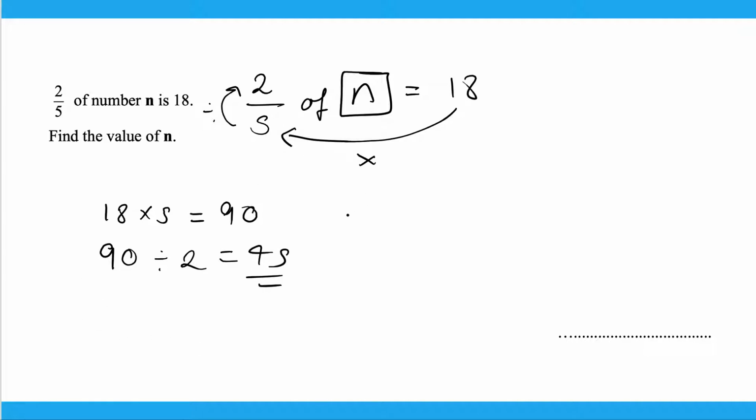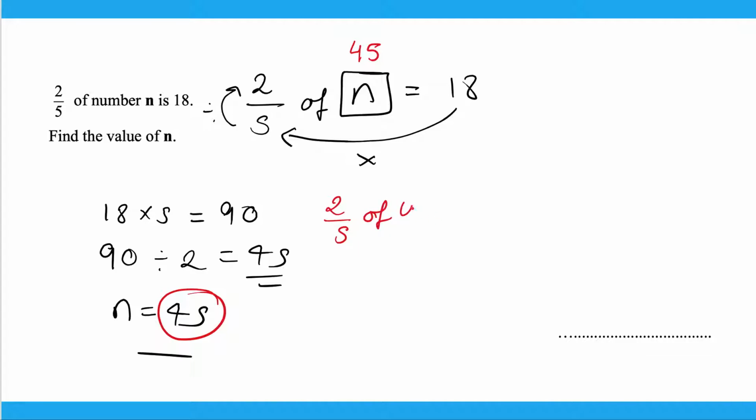So that means n is equal to 45. Now we can also check our answer by substituting this number in the place of n. So is 2/5 of 45 equal to 18?